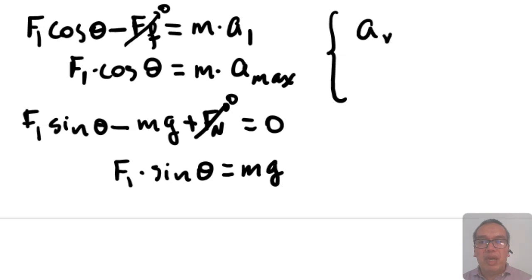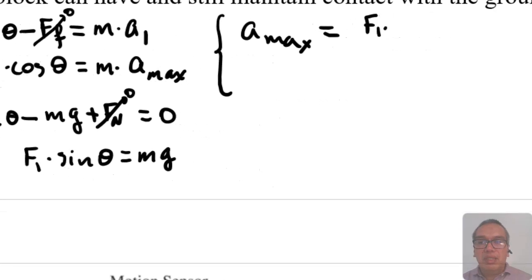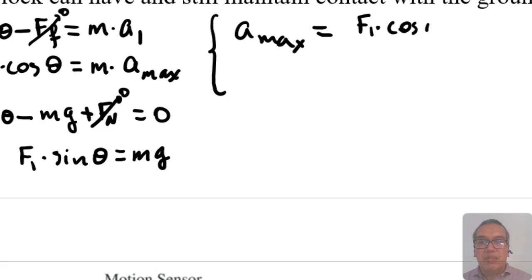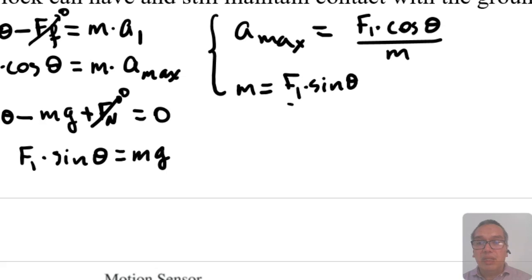So your A max from the x equation becomes F1 cosine of the angle divided by the mass. On the other hand, the mass from your second equation, the y equation, is equal to F1 sine of the angle divided by g.